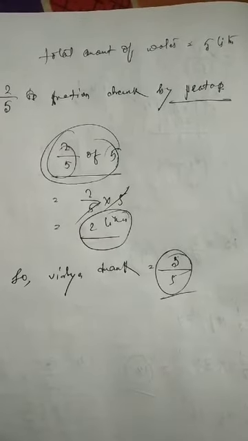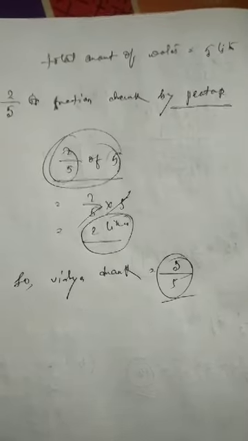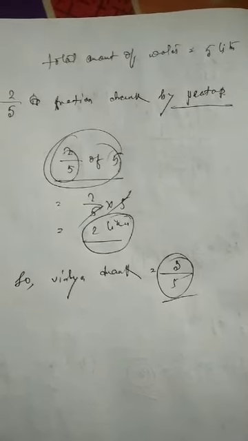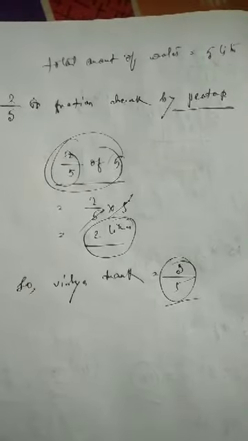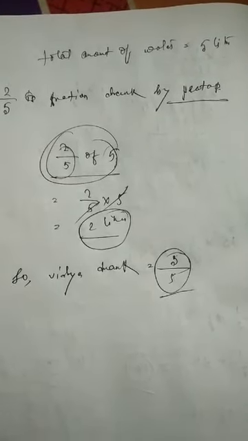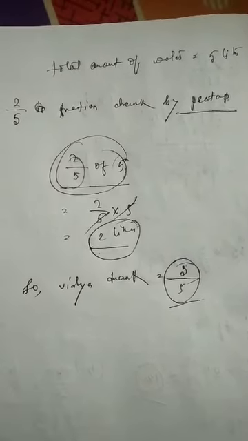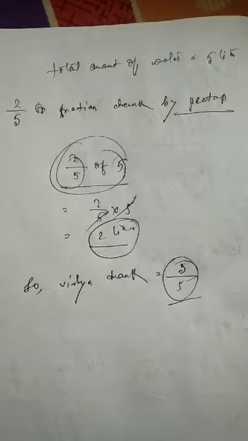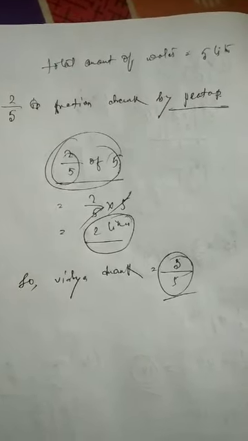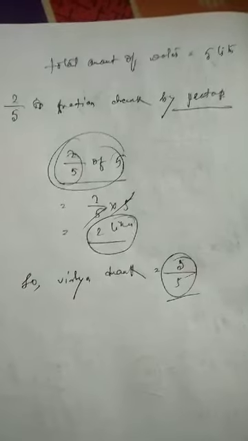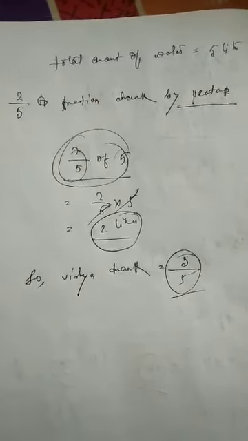So out of 5 liter, if 2 liters were consumed by someone, how much is left? 3 liter is left. Who drank 3 liter? Of course, Vidya. Vidya drank 3 liters. What is the fraction of this 3 liters out of 5 liters? It is 3 by 5. That is what my answer is all about.